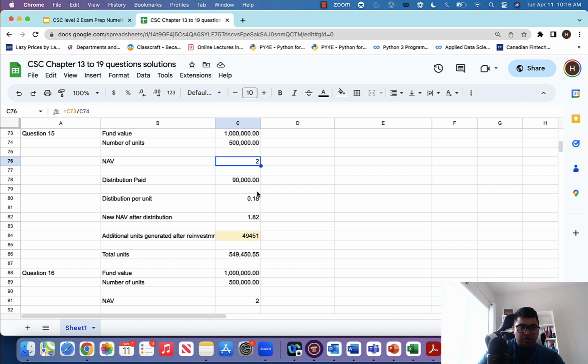So distribution per unit is calculated, the dropped NAV is calculated, then the distribution gets reinvested at the new NAV. So 90,000 divided by 1.82 gives you 49,451. That was your answer. New units that are generated. Total units, if they ask in the exam, it will be original units plus new units generated. So it will be 549,450.